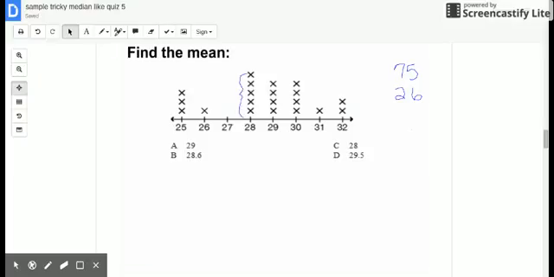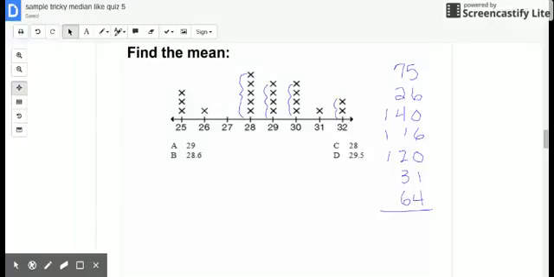Here, you can see I have 5 28s. When I multiply 28 times 5, I have 140. I have 4 29s. So I have 116. I have 4 30s, so that's 120. I have 1 31, and the 2 32s give me 64.